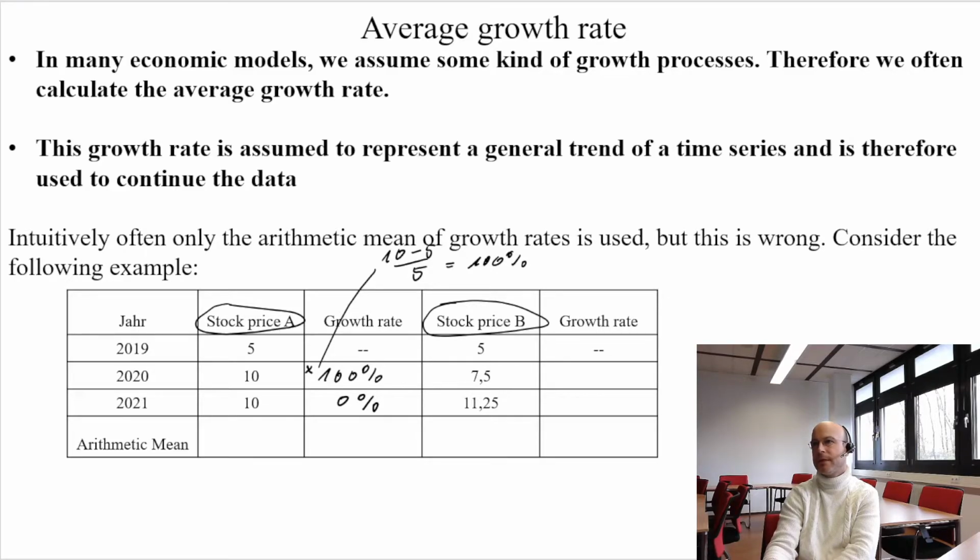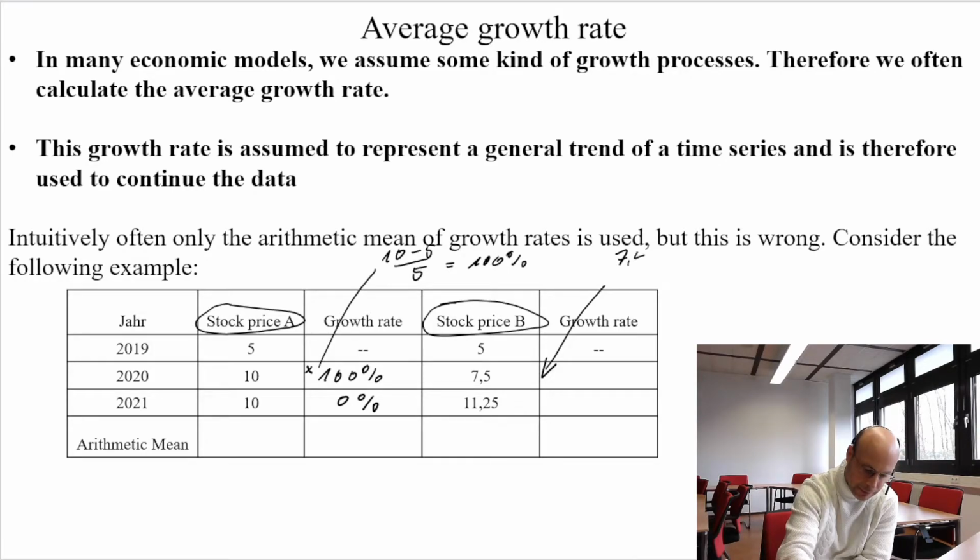From 5 to 7.5, over 5 is of course 50%, and 11.25 minus 7.5 over 7.5 is of course also 50%.